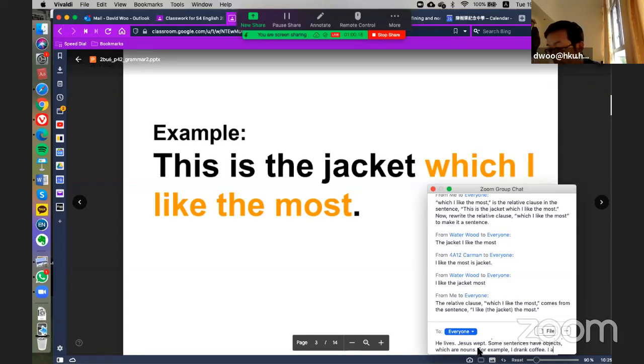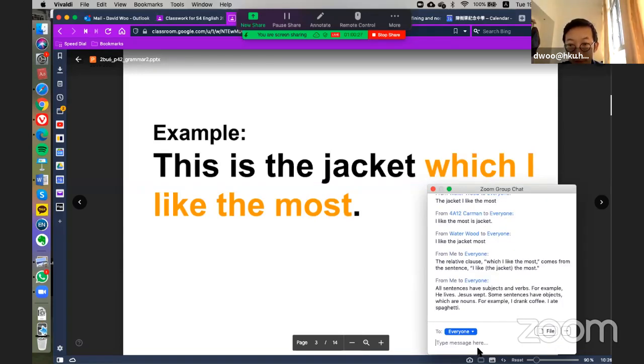I ate spaghetti. So the object of the sentence, I like the jacket the most, is the jacket.